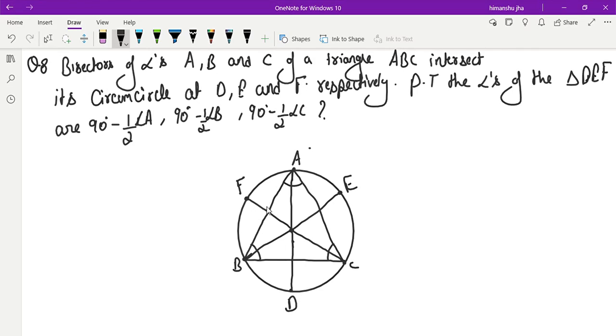So these are D, E, F. Now we'll join them, because they are talking about the triangle DEF. This is the diagram.